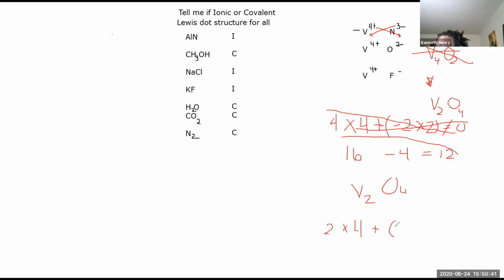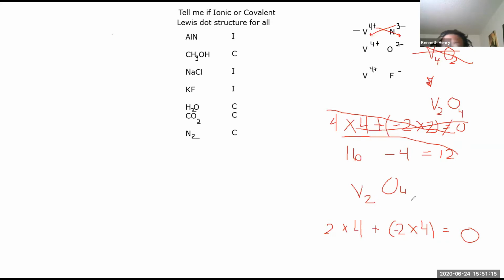Plus -2 times 4. So that equals 0. But is that the lowest possible one that we can have? Is there something lower? Can these guys be divided into each other? Can 2 be divided into 4? Yeah, it can. So that's not giving me the lowest possible that I can have, is it not? What would be the lowest possible that I can have?